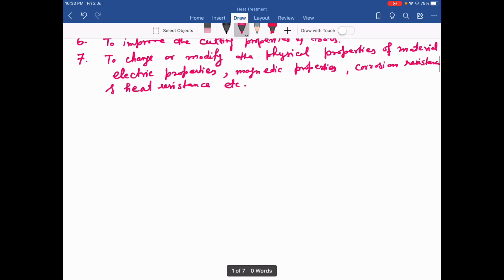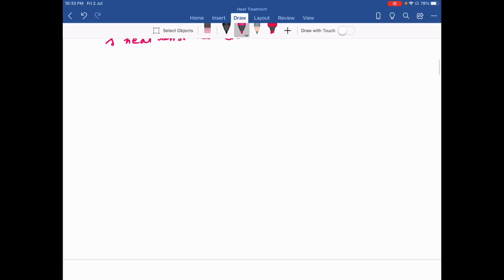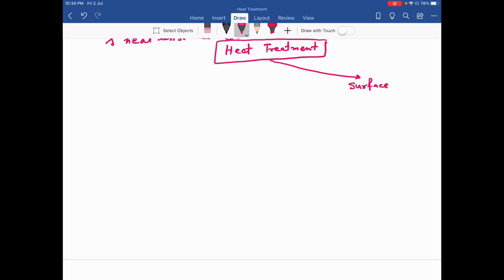Now next we see what are the various types of heat treatment processes. So basically we have two types of processes. One which works on the surface of the material, and second one are which works on the bulk, or you can say on the complete material from the surface towards the interior one. Okay.